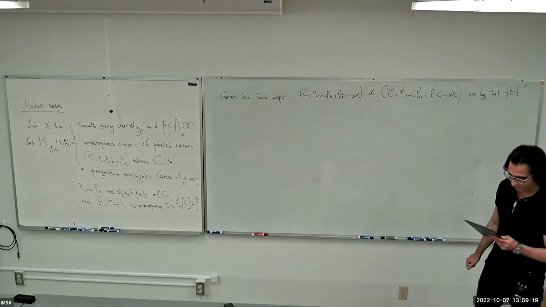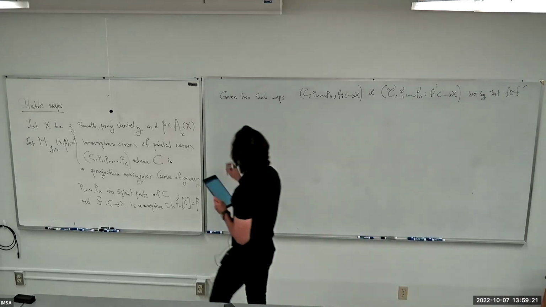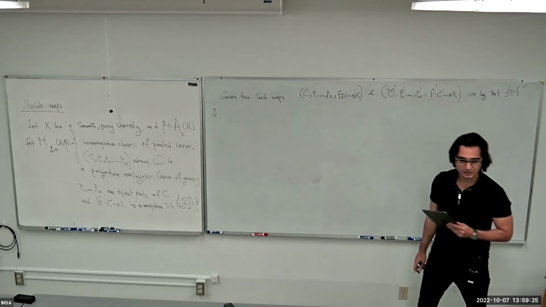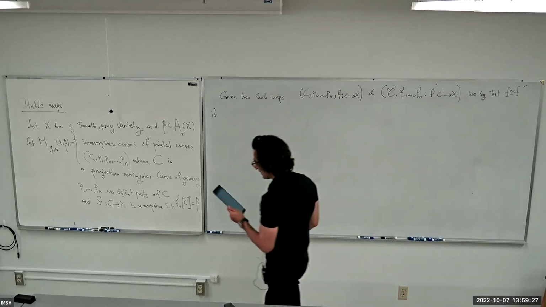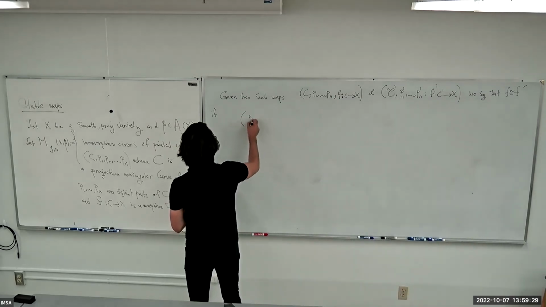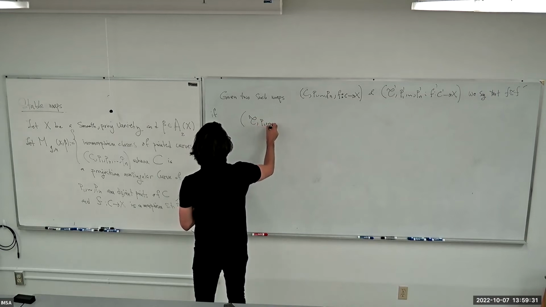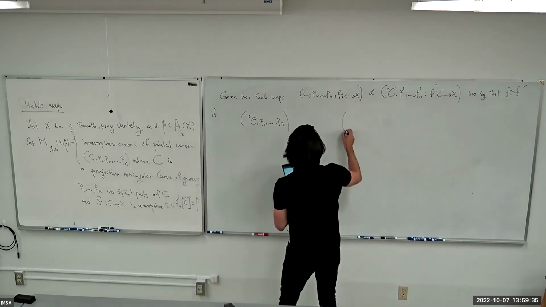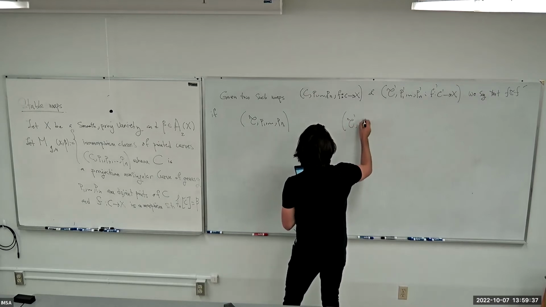The maps are isomorphic if and only if this condition is satisfied, if this diagram is satisfied. So you have the system of n-pointed curve, and you have the system of n-pointed curve.